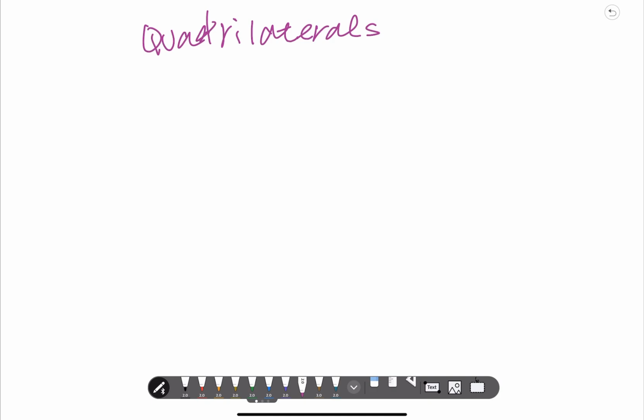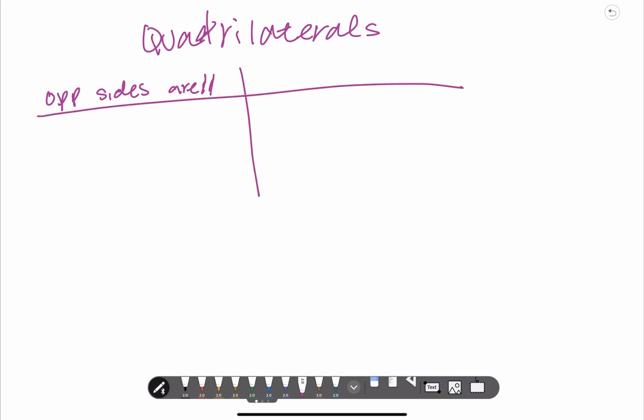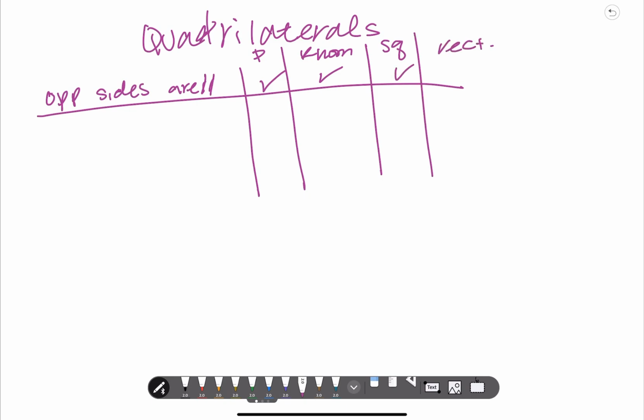First, you have to check if your opposite sides are parallel. Now, if your opposite sides are parallel, then it can be a parallelogram, it could be a rhombus, it could be a square, it could also be a rectangle. But that means it cannot be a trapezoid or a kite.